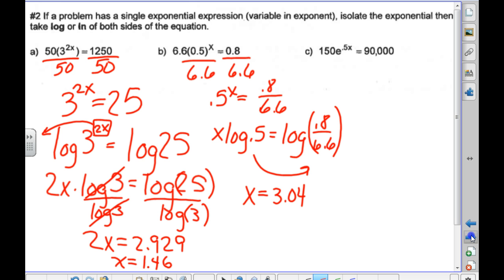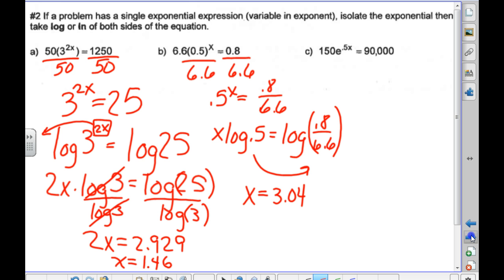Why not just take the log base of 0.5 on both sides? I don't care if you do them that way, Zach. The reasoning is that if you have to use a scientific calculator in a science class, or you have to do this without, most calculators don't do log of other bases, only 10 and e.